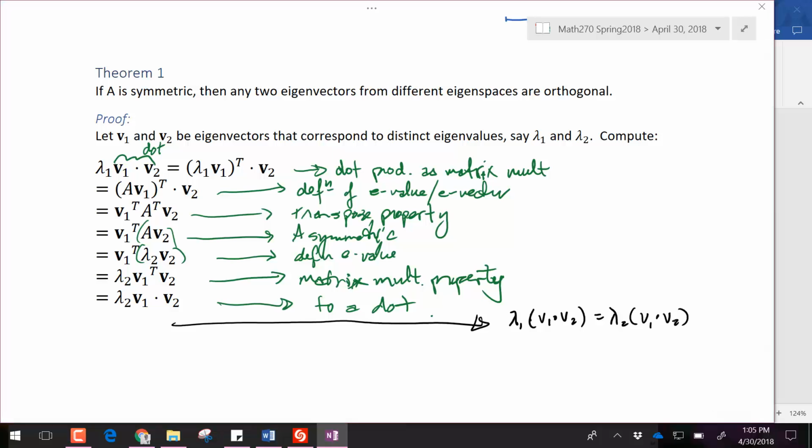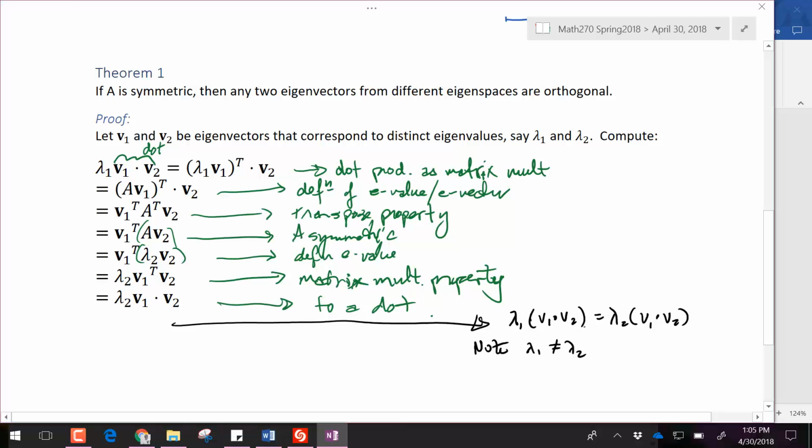So the assumption is that lambda 1 and lambda 2 are not equal to each other. So that must mean that v1 dotted with v2 has to equal 0.